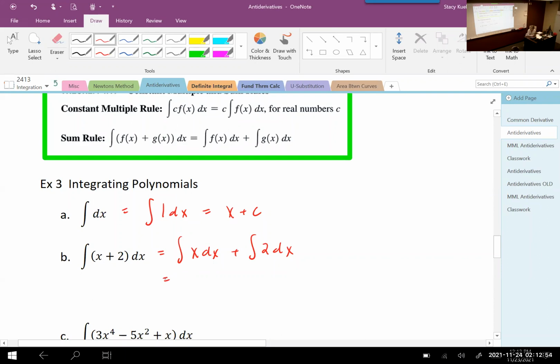And the integral of x is what? 1/2 x squared, plus what's the integral of 2? 2x, and then don't forget your c.